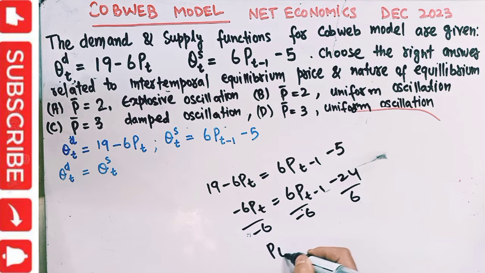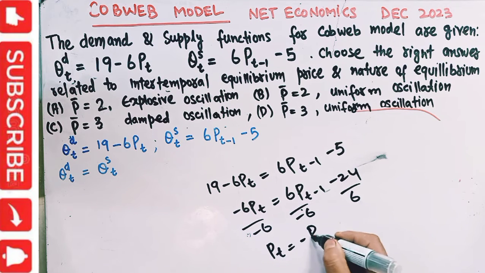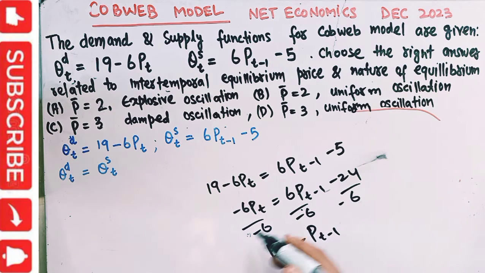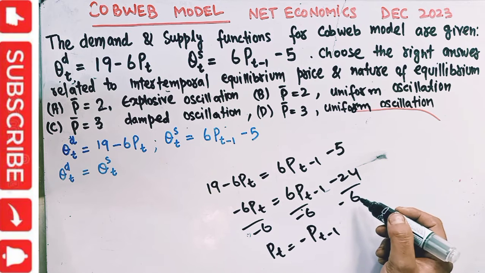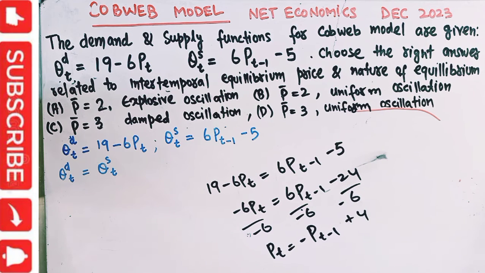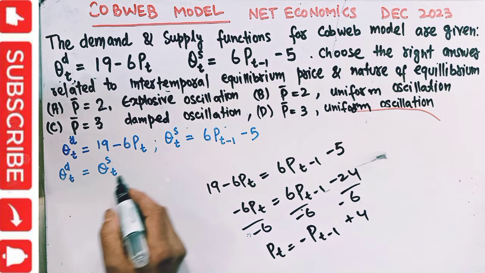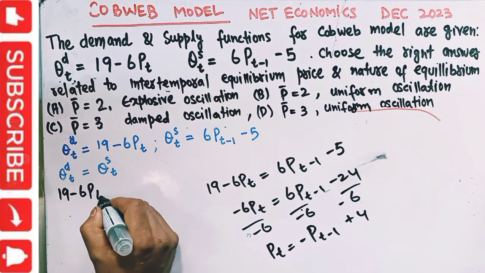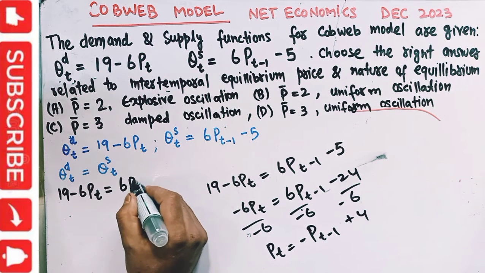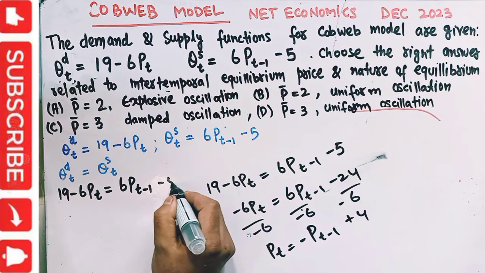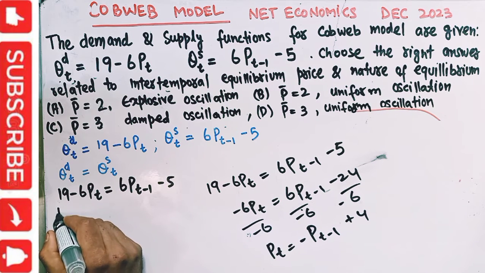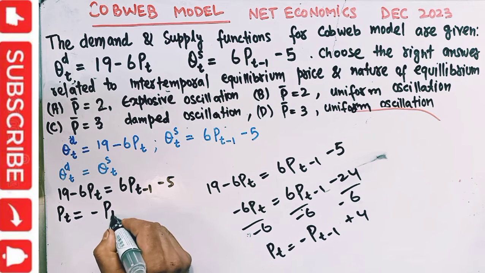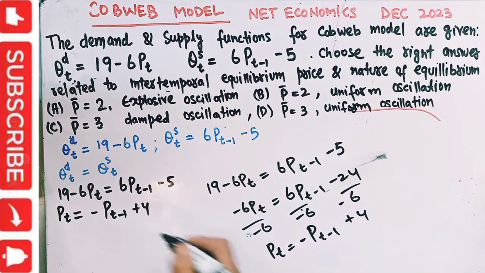We will get pt is equal to minus pt minus 1, and since we are dividing by minus 6, minus and minus will become plus, so we get plus 4. That means when we equate 19 minus 6pt with 6pt minus 1 minus 5 and solve for pt, we get pt equals minus pt minus 1 plus 4.